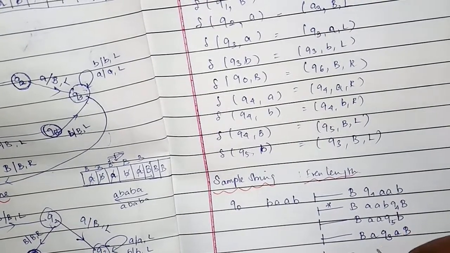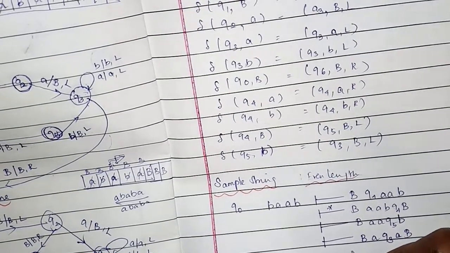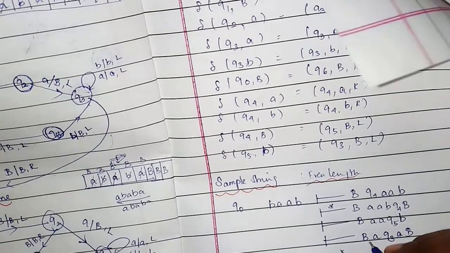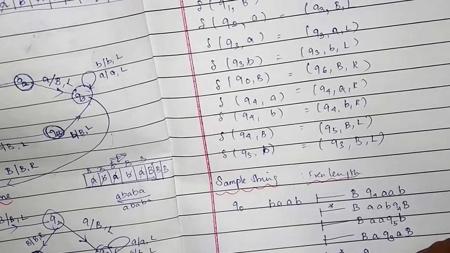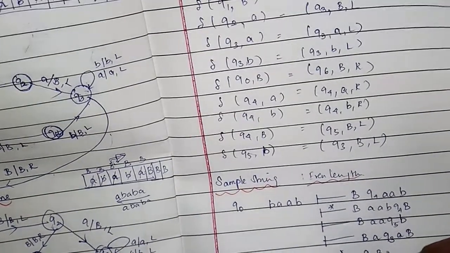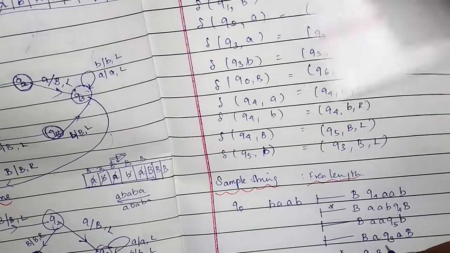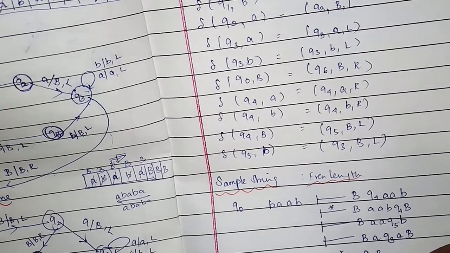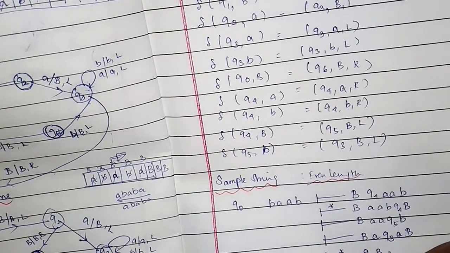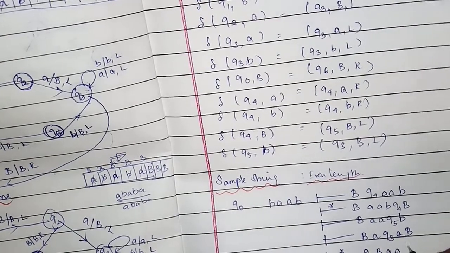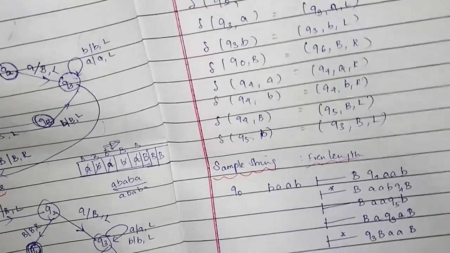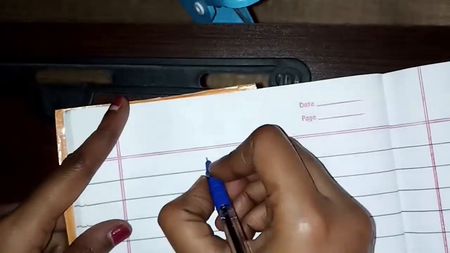So multiple Q3 B, until you have to write Q3 B AAB, right? Okay, fine. Q3 B AA. Okay, fine. After this we'll have this.